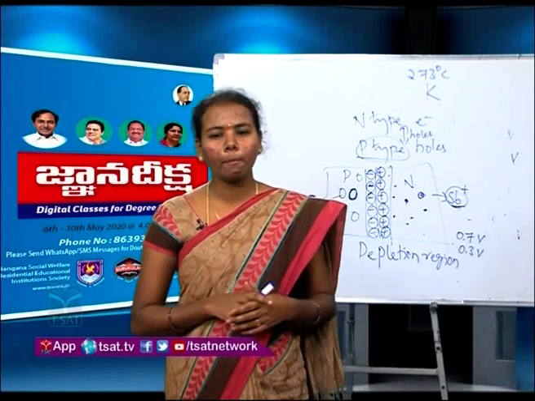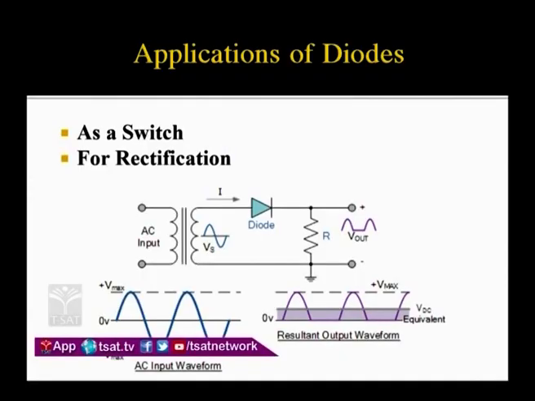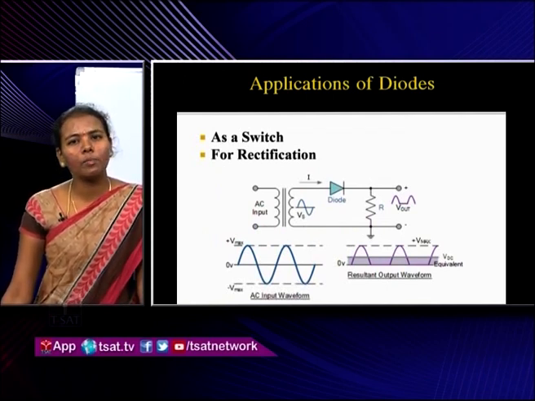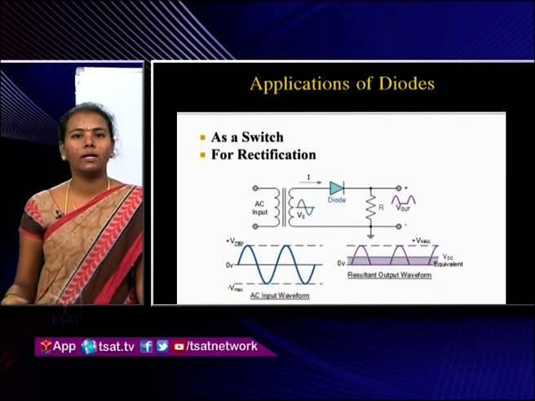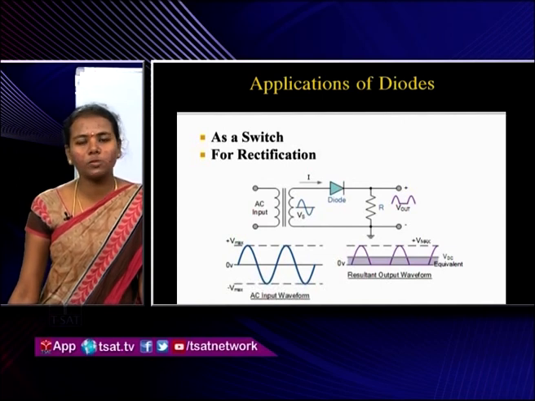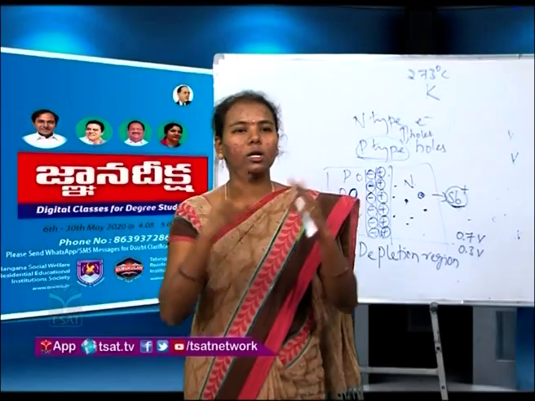Previously, the diode acting as a switch, used for rectification, was based on the control of electrons. This application of the diode, the switch, was done by vacuum tubes. That means the switches were developed using vacuum tubes. When you wanted to build a computer using vacuum tubes, it used to occupy a large space, about one room.